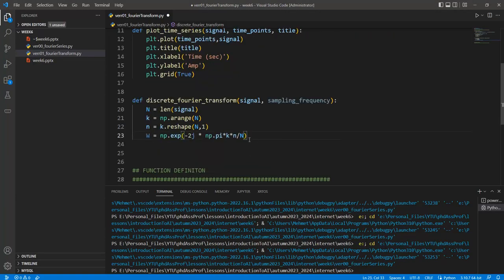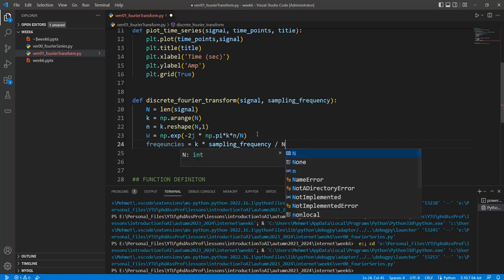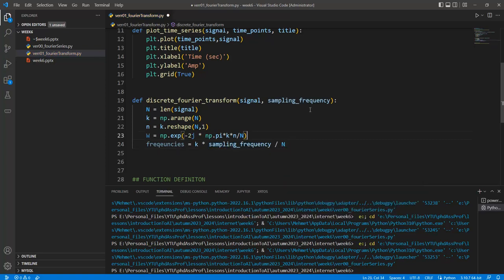Okay, it's simple. After that, the frequency of the K times sampling frequency divided by N. Because we have the specific sampling frequency in here, we need to scale it, right?